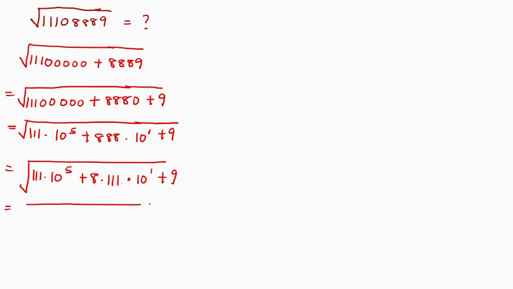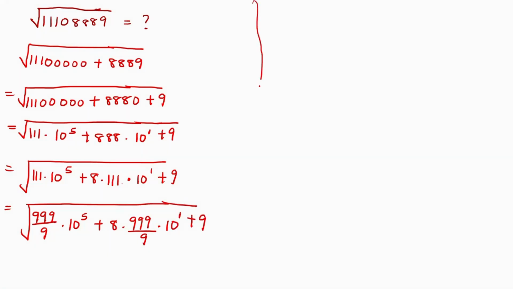Now let's rewrite 111: 999 divided by 9 gives us this, multiplied by 10 raised to the power of 5, plus 8 multiplied by 999 over 9, multiplied by 10 raised to the power of 1, plus 9.